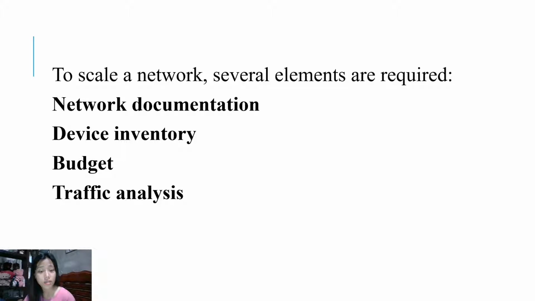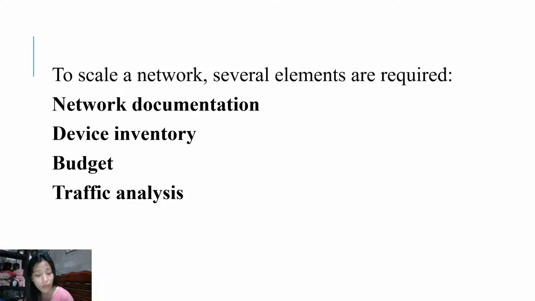To scale a network, several elements are required. The first is the network documentation, which is the physical and logical topology. The next one is the device inventory, which is a list of devices that use or comprise the network.